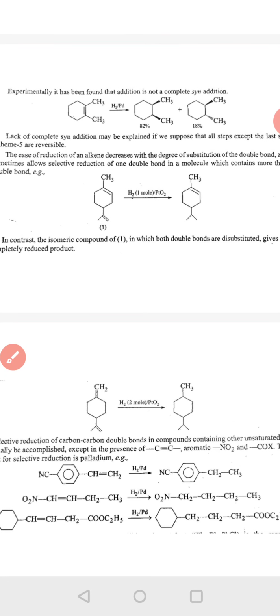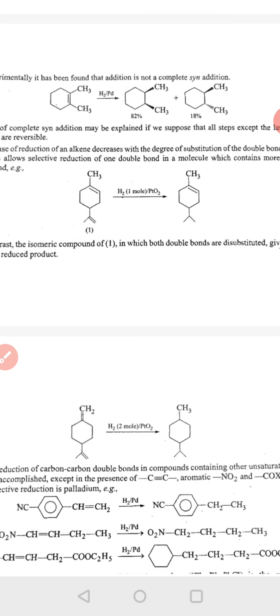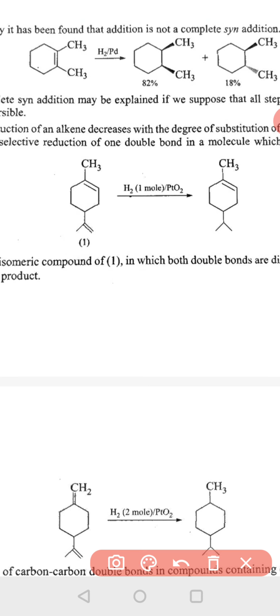Next, the ease of reduction of an alkene decreases with the degree of substitution of the double bond. The more the substitution, the less is the ease of reduction of a double bond. The example is, see, here two types of double bonds are present. One is this one and the other is this one.